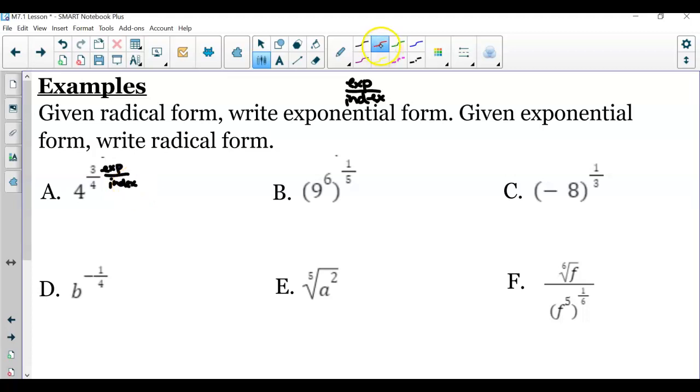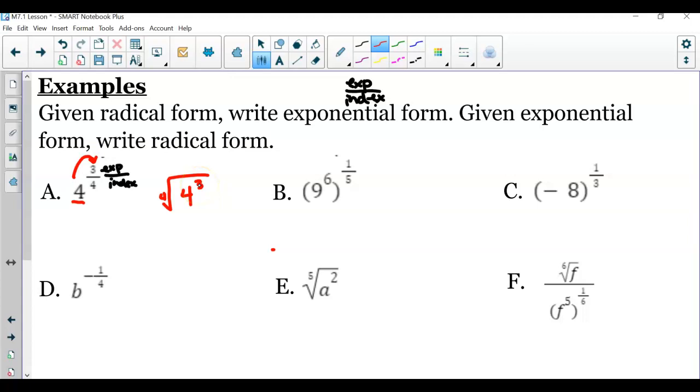So this is like saying that this is 4 being raised to the third power. So this is 4 to the third power. Well, that is inside of an index, so the fourth root of 4 to the third. That is how you're going to rewrite this. So this is the fourth root of 4 to the third power.